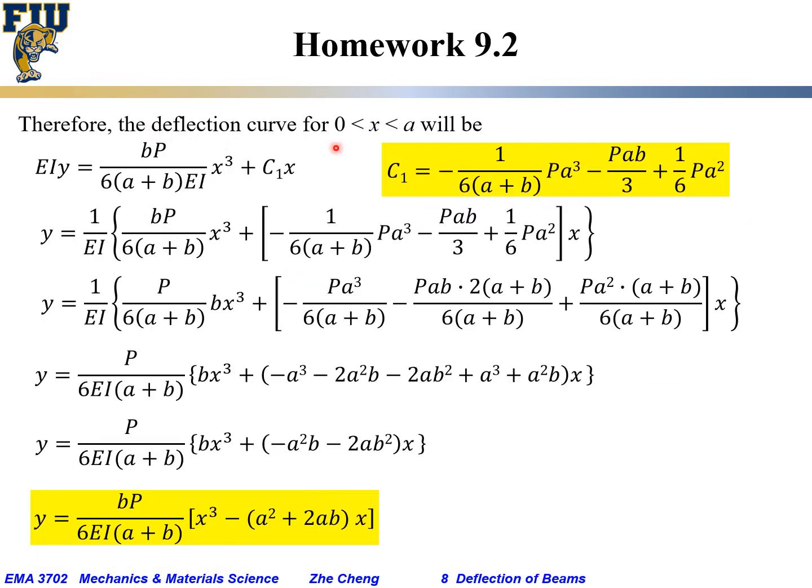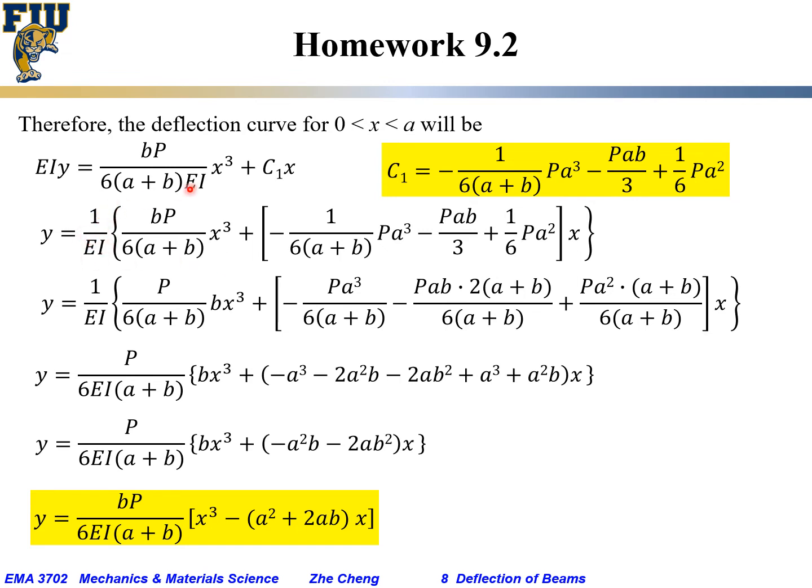For the deflection curve, for the left side of x from 0 to a, EI times y, the deflection, would be bP over 6 times (a plus b) x cubed plus C1 x. And C1 we know is this long equation, so we can write them up together.